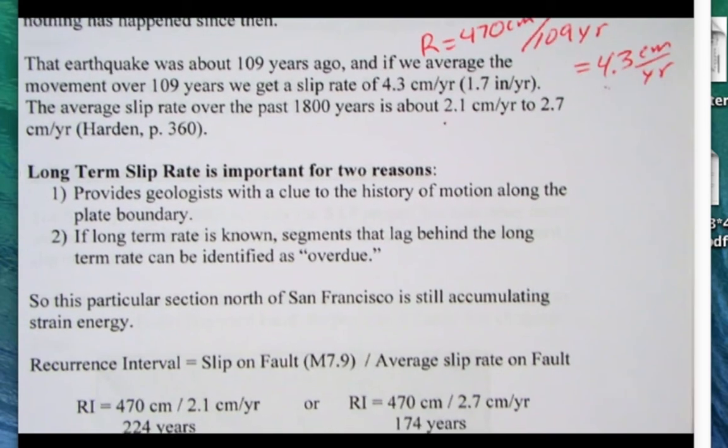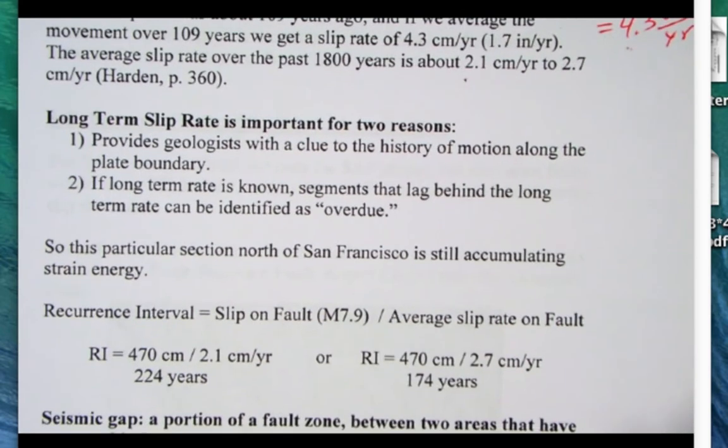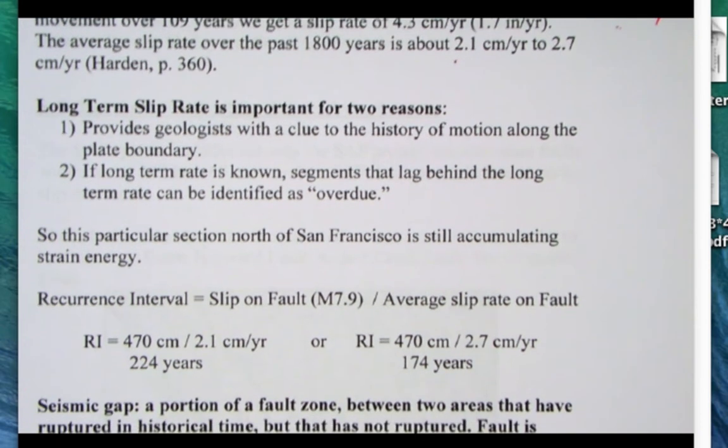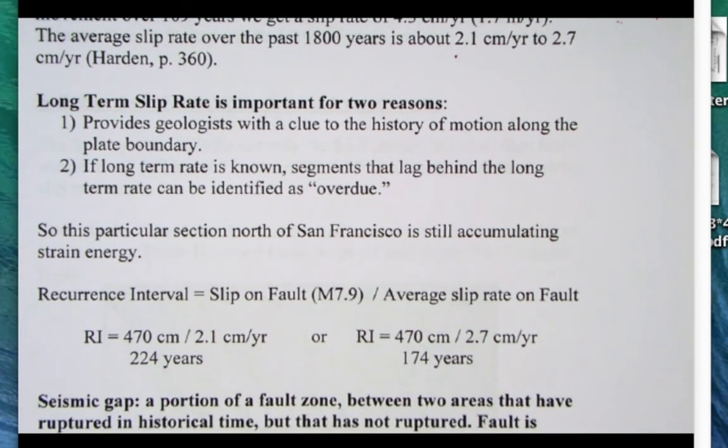So geologists also use this long-term slip rate for other reasons. So two other important reasons is one, it tells us about the history of motion along this plate boundary. Is it creeping motion, or is it going to be this long-term slip rate, and how often and how big the earthquakes, how much slip? Is it 4 meters or 6 meters? So we can tell at least along different sections of the fault.